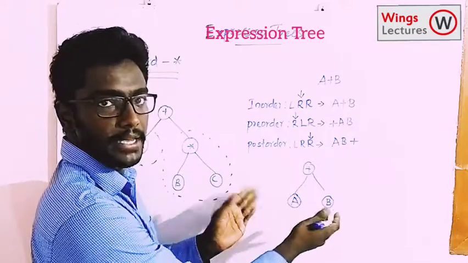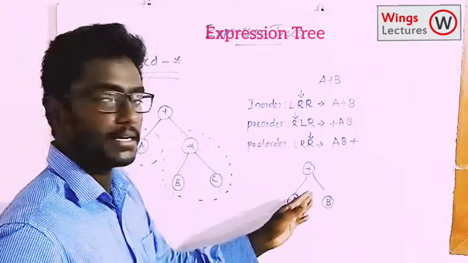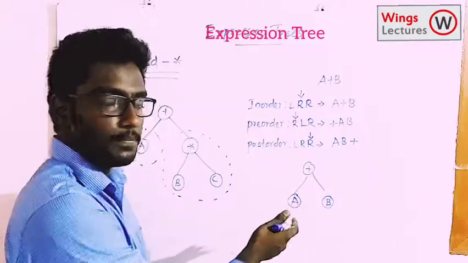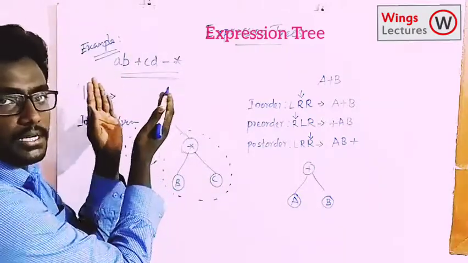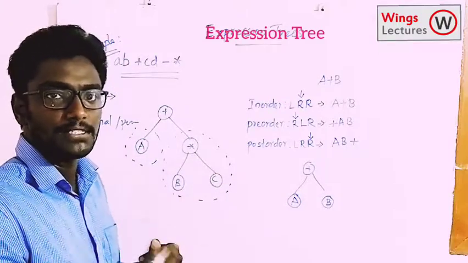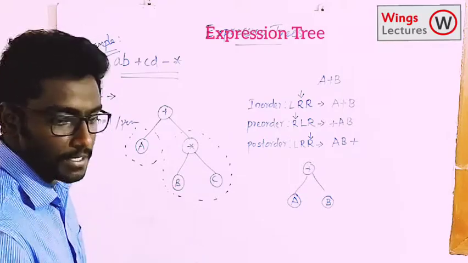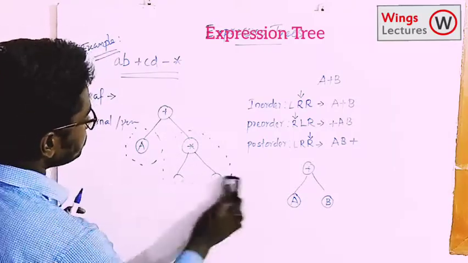So it's very simple to make an expression tree if the question is very simple, because we can directly apply the method, right? But if we have an expression like this, or some complex expression, we have to use some strategy. So now I am going to use the stack method. Okay, so let me explain.